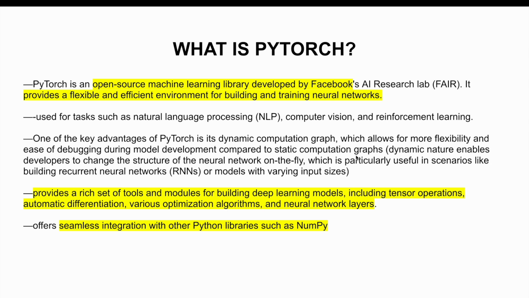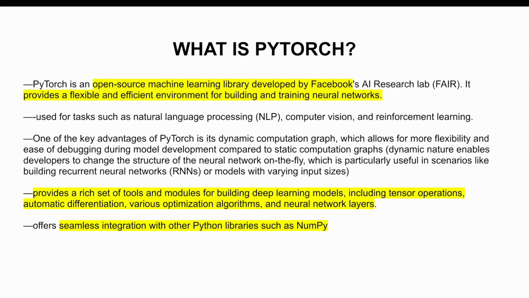The dynamic nature of PyTorch enables developers to change the structure of the neural network on the fly, which is particularly useful in scenarios like building recurrent neural networks or models with varying input sizes.